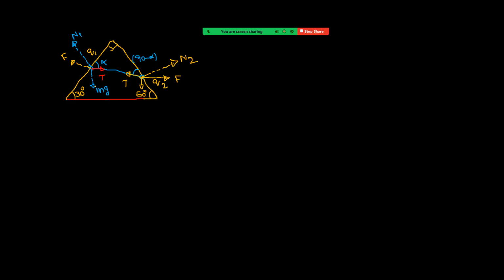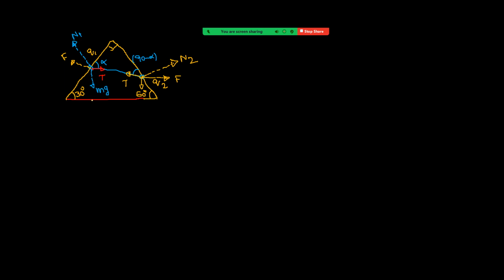Now since the beads are in equilibrium, along the wire frame net force must be zero, and normal to the wire frame also net force must be zero. So I'm writing the first equation along the wire frame.